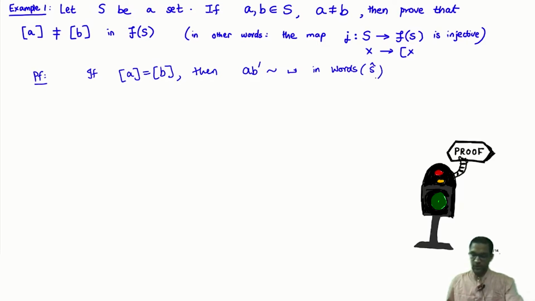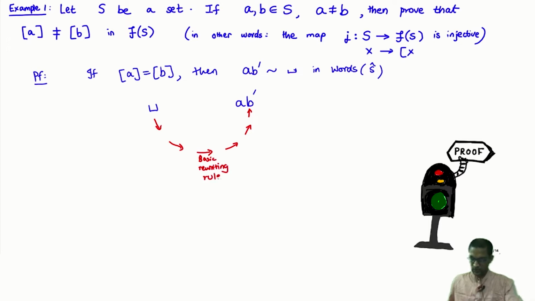Where is the contradiction going to come from? Observe, what does this equivalence mean? Let me start with the empty word. I'm saying the empty word is equivalent to the word AB prime, which means that from the empty word I can find a sequence of basic rewriting steps, or a chain, which will finally get me to the word AB prime. Each of these arrows is a basic rewriting rule.